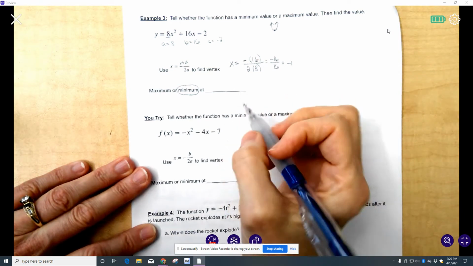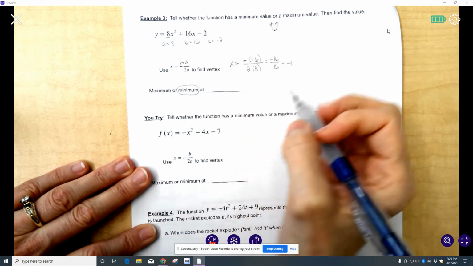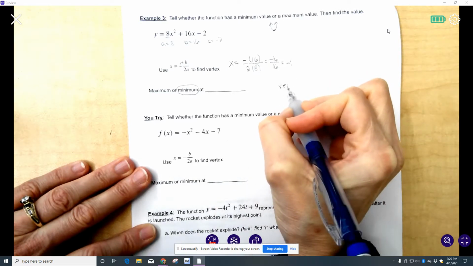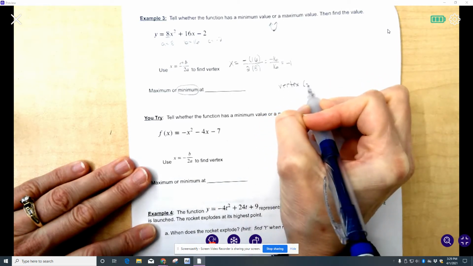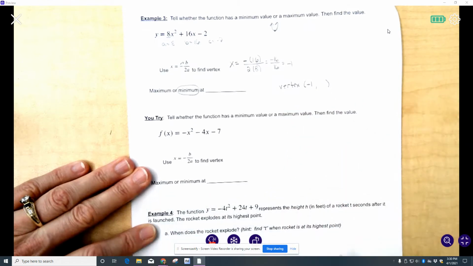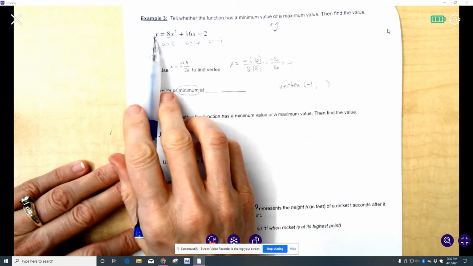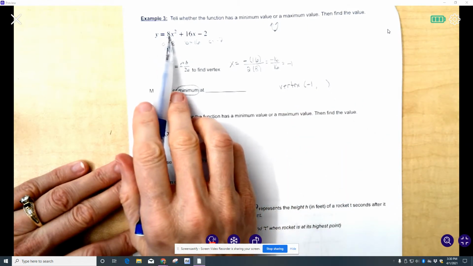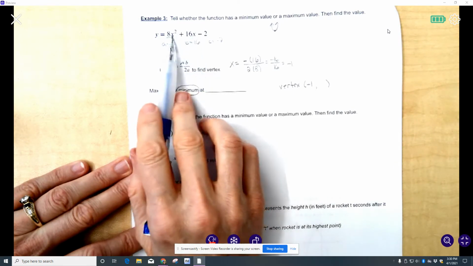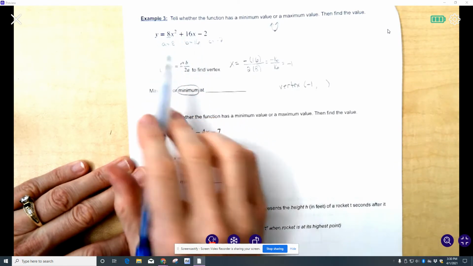So remember, that's half of our vertex. So I'm just going to write vertex over here. I've just found half of it. To find the other half, I need to use my equation, which is y equals all of this. So if I know the x, I can find the y.